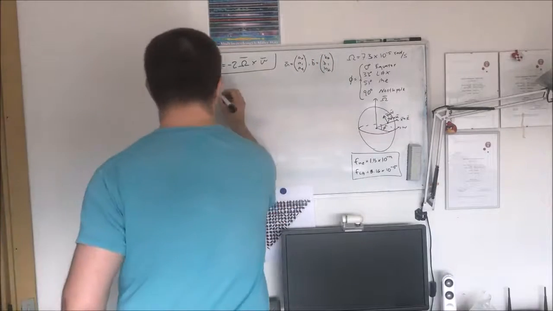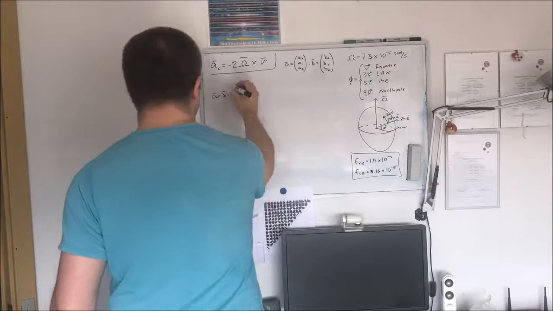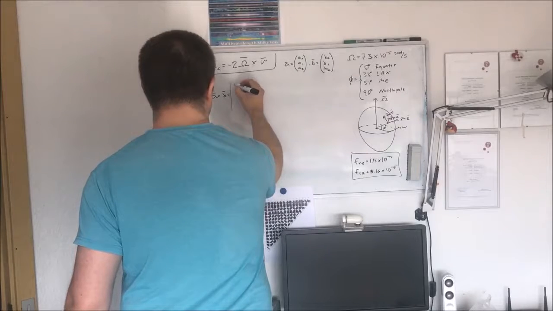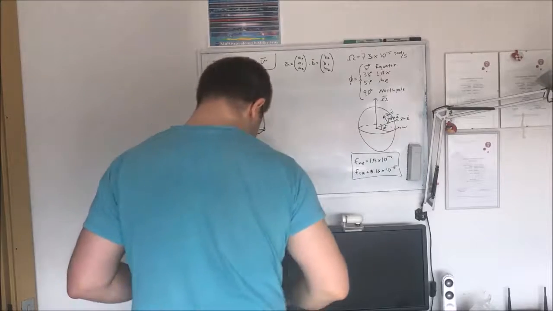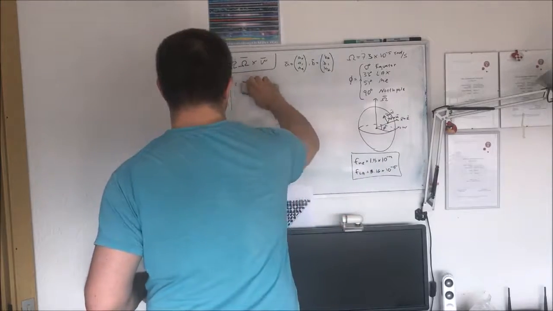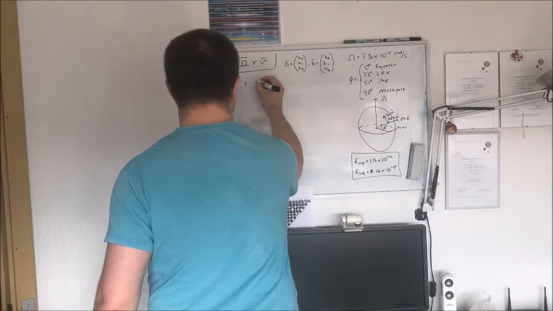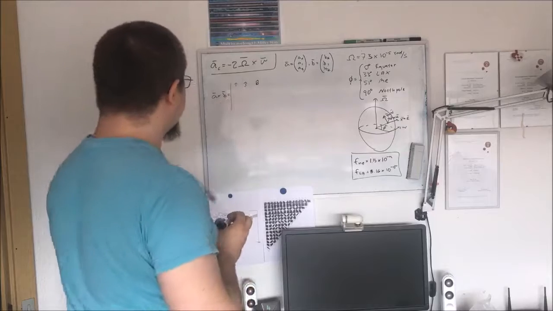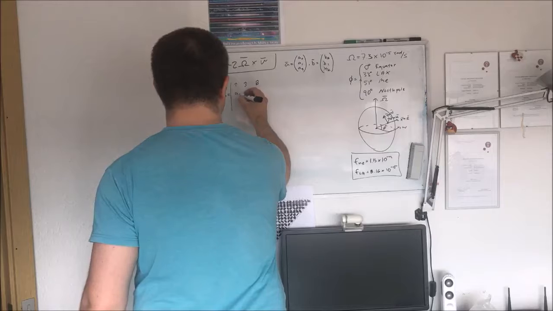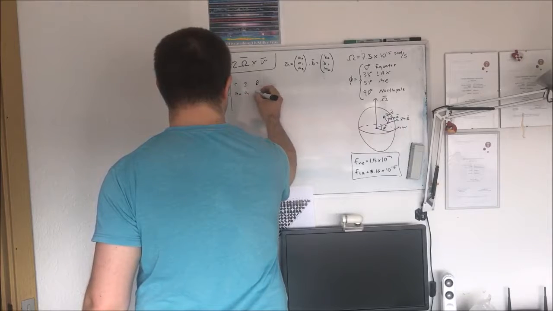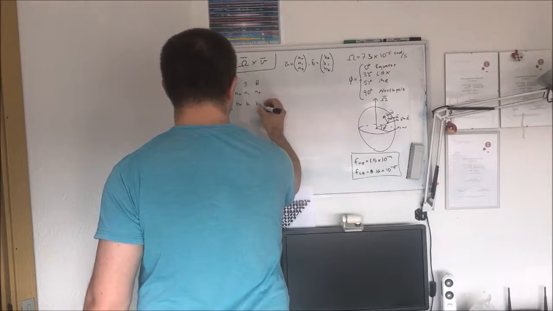So the cross product between A and B would be defined as such: I hat, J hat, sorry, I need some more space, J hat and K hat, those are unit vectors. Then we put in A0, A1, A2, B0, B1, B2.